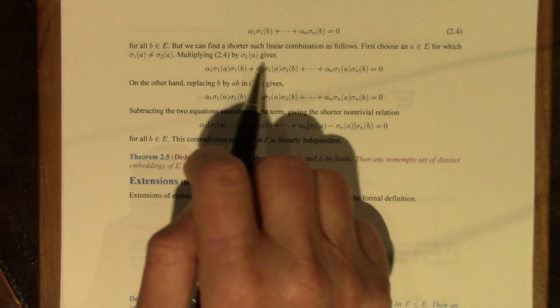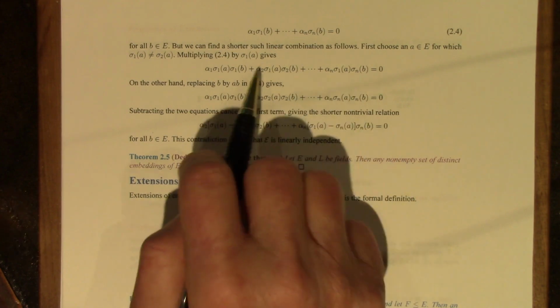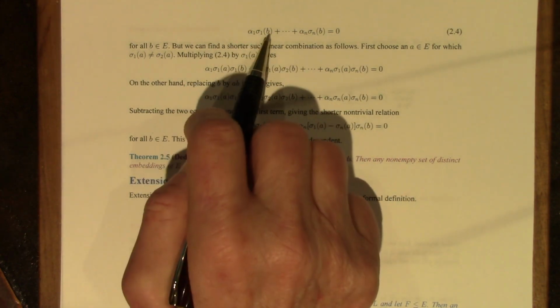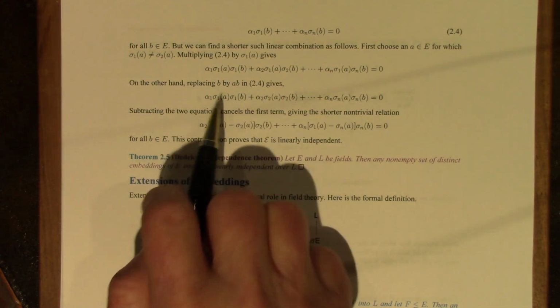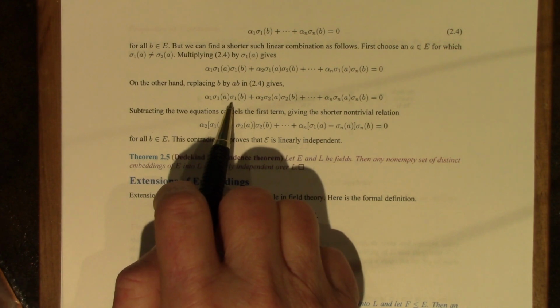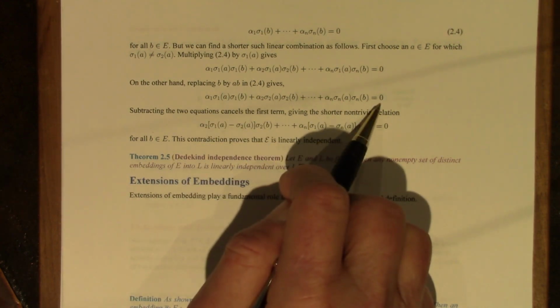Multiply this by sigma 1 of a. On the other hand, instead of that, replace b here by ab, and then separate, because the sigmas are homomorphisms. And we'll get this equation.